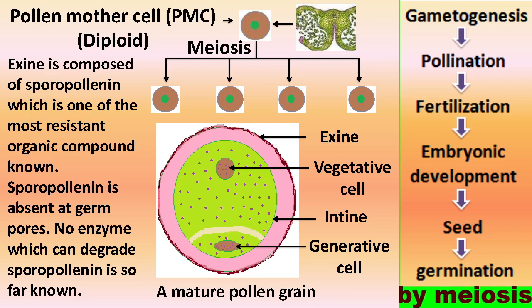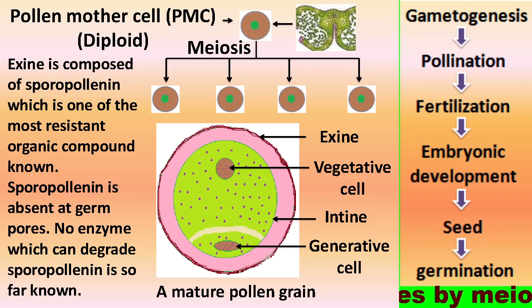Sporopollenin is one of the most resistant organic compounds known. There is no enzyme which can degrade this sporopollenin, but this layering of sporopollenin is absent at the place of the germ pore. There is a site where the germ pore is located.